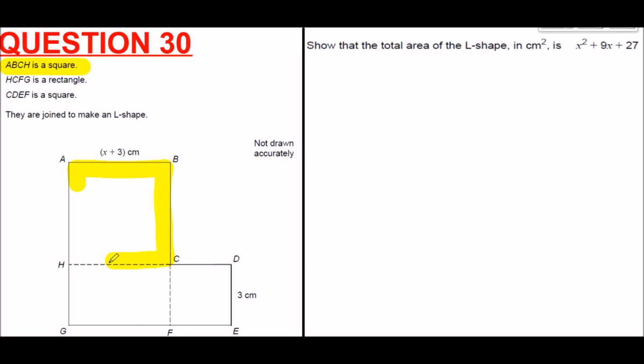So it's this top square. We're then told that HCFG is a rectangle. HCFG is this shape here.